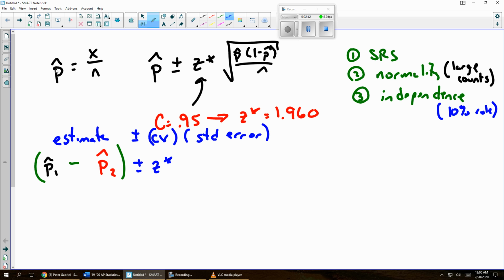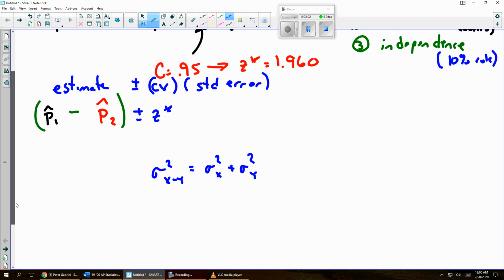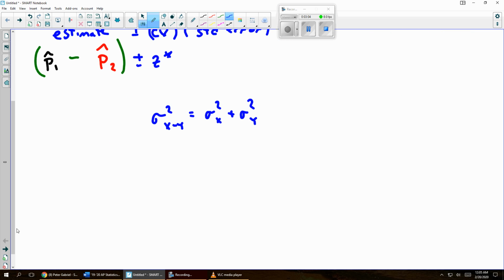You might recall from a previous chapter when I wanted to find, say, the variance of x minus y, that was simply the variance of x plus the variance of y, provided that my two samples were independent. So let's see how that would apply to this problem.